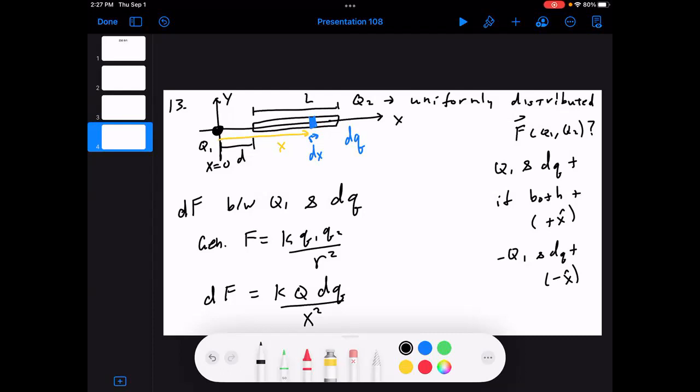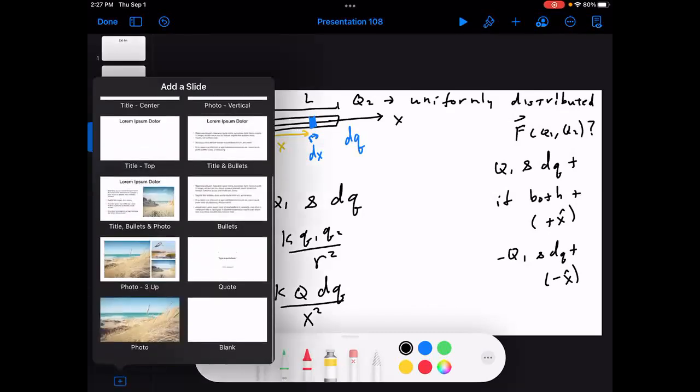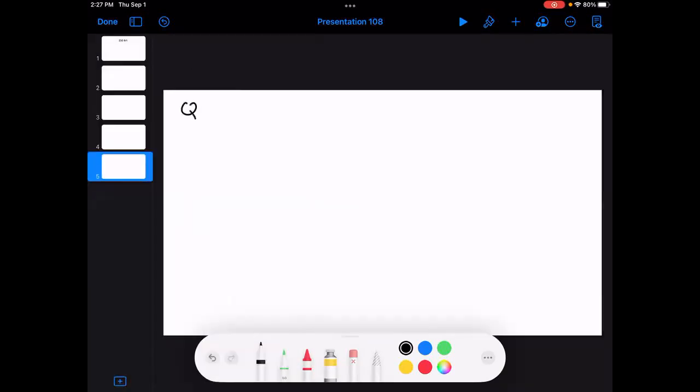That's fine because we're going to use the same density method, where the total charge of the rod divided by the total length equals the little chunk of charge over the little chunk of length, because the density of each little part is the same as the density of the whole.